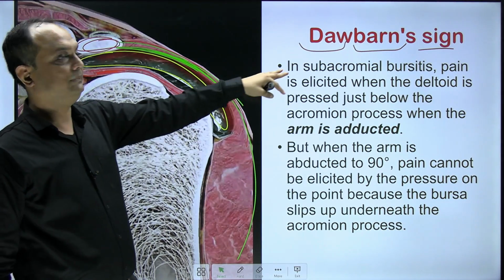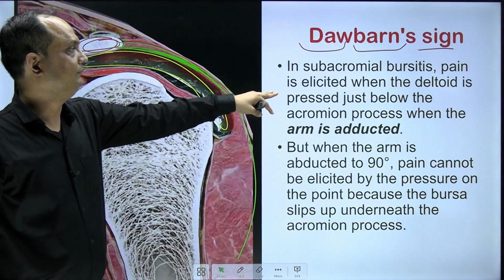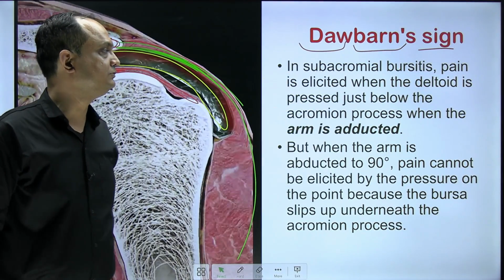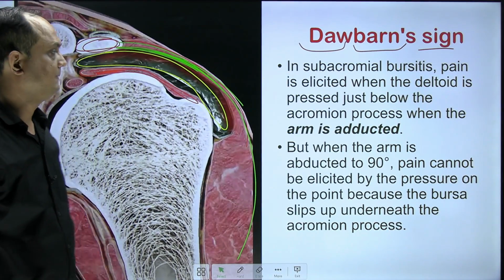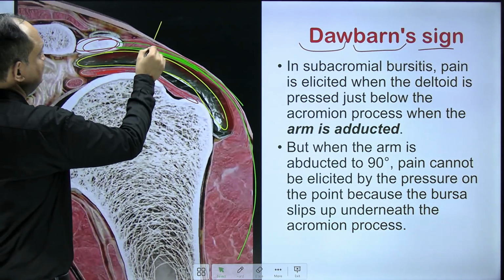Now, subacromial bursitis causes pain when the deltoid is pressed just below the acromion process.